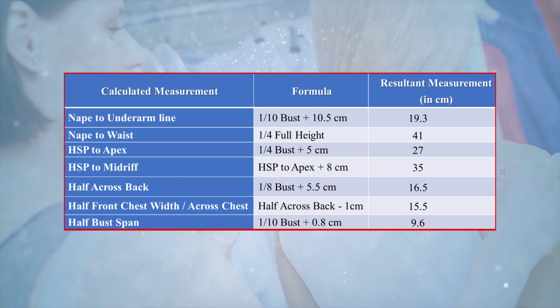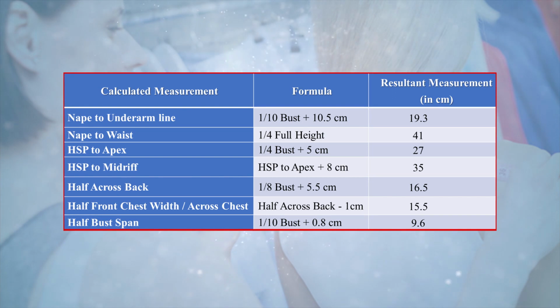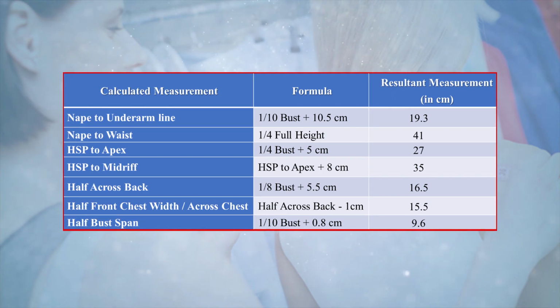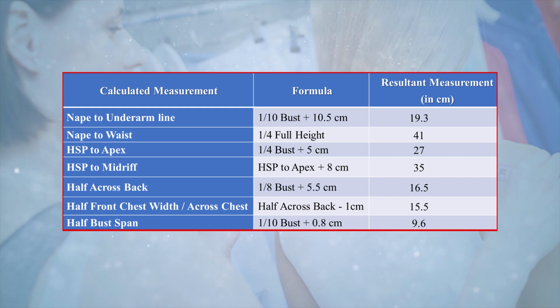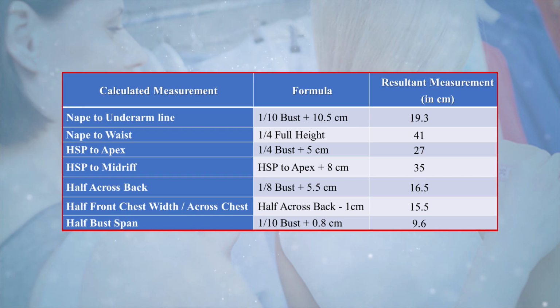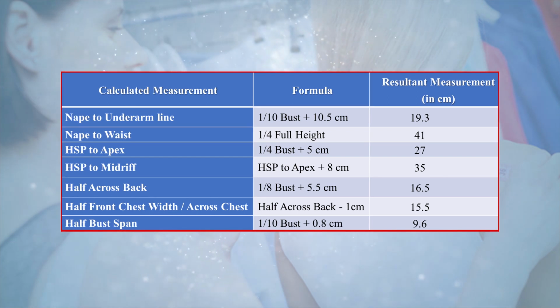Then there are the calculated measurements, the derived or resultant measurements. We have a set of formulas which we use to create the resultant measurement. Like for the neck to armhole line, the formula we use is 1/10 of the bust plus 10.5 centimeters.